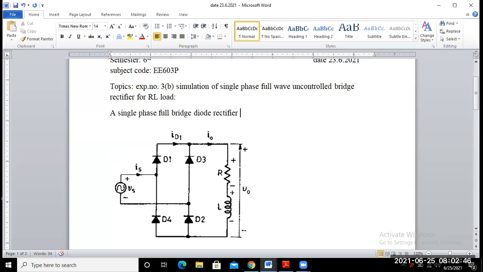Then you proceed to the simulation of the circuit in MATLAB. So a rectifier is supplied from a 230 volt, 50 hertz source.